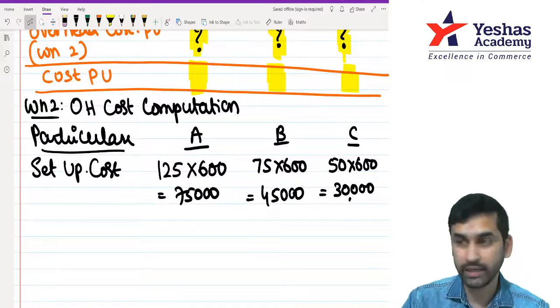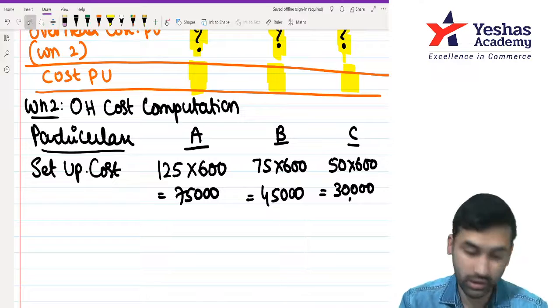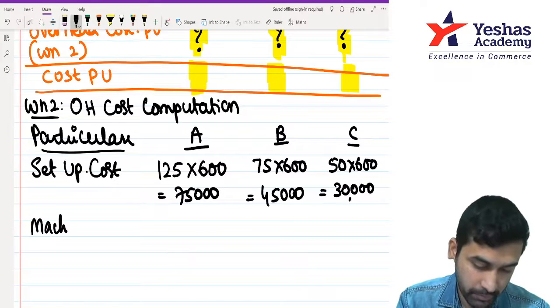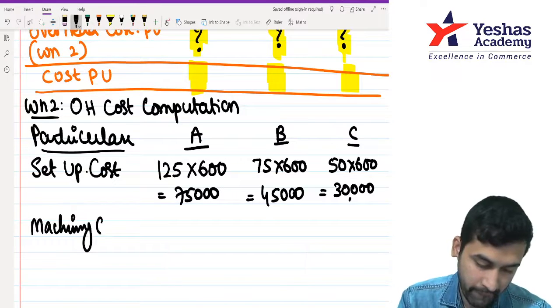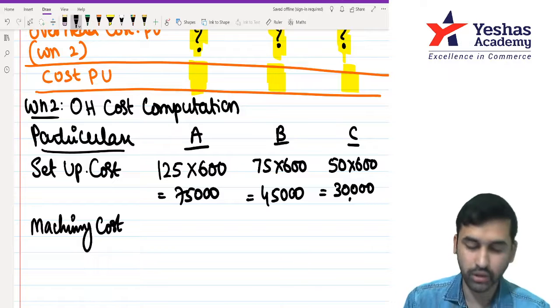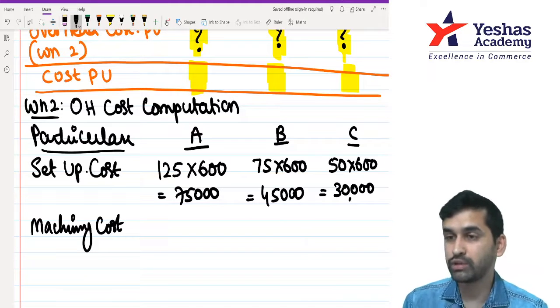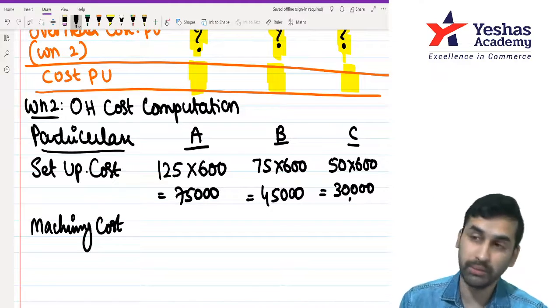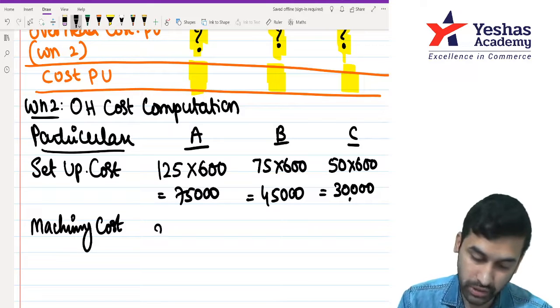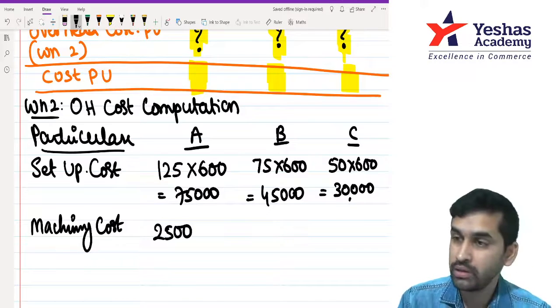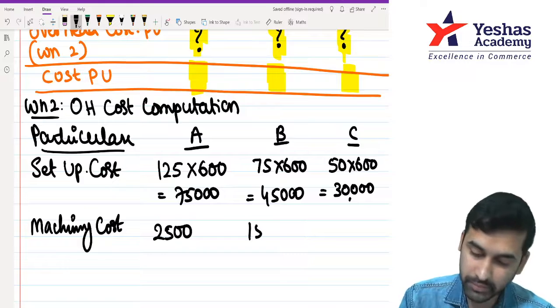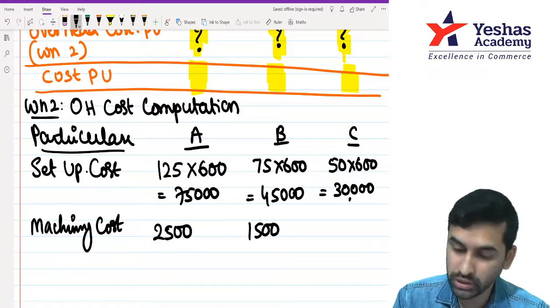Those who have completed, which is the next cost? Machining cost. That is based on machine hours. How many machine hours do you need? 2,500, 1,500 and 2,000.